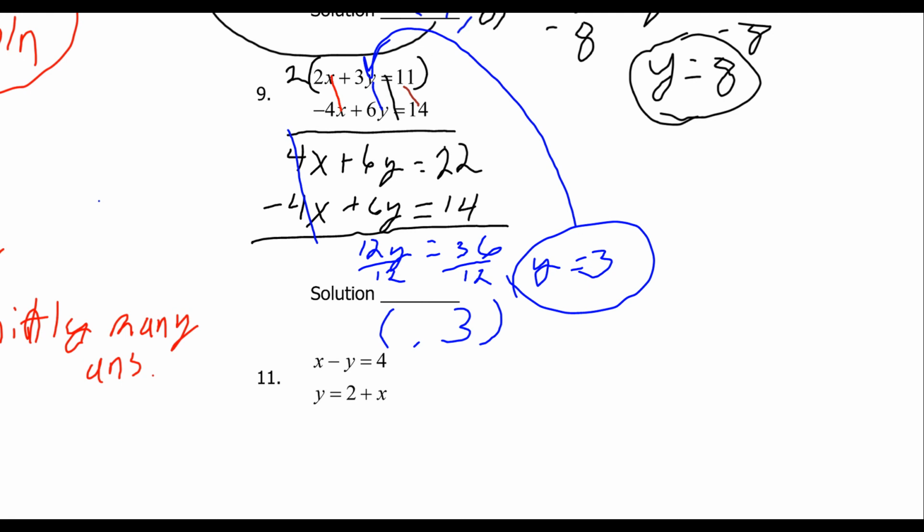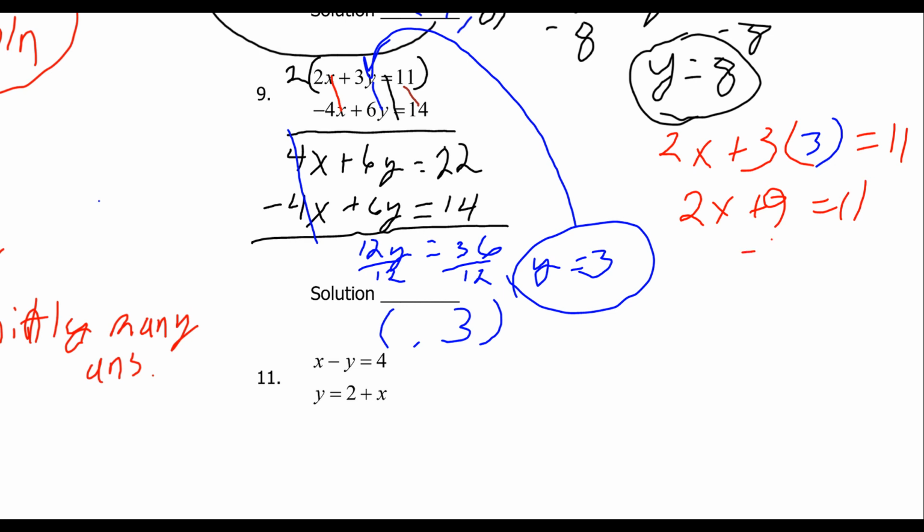So we go 2x plus 3 times 3 equals 11. Now I'm left with 2x plus 9 equals 11. I subtract 9 from both sides. 2x equals 2. We divide each side by 2, and x equals 1.